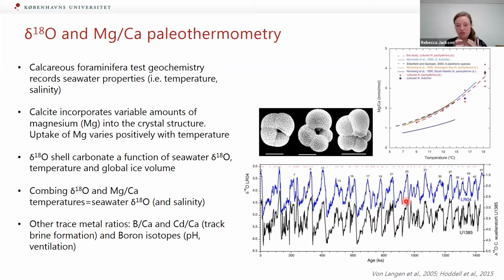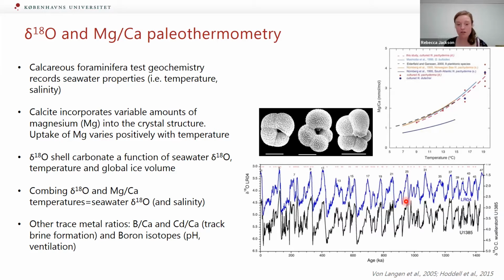These calcite shells form in seawater, and they record the chemistry of that seawater in which these shells were formed. So we can use a lot of the geochemistry within these fossilized shells to try and elucidate many different things.